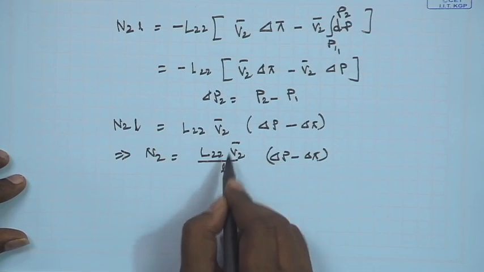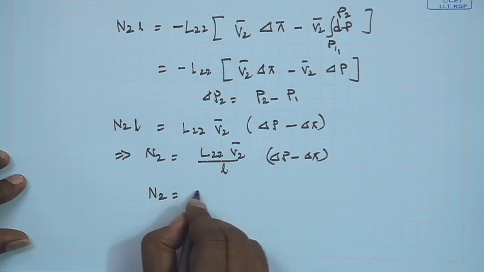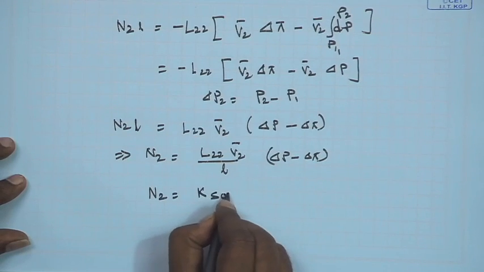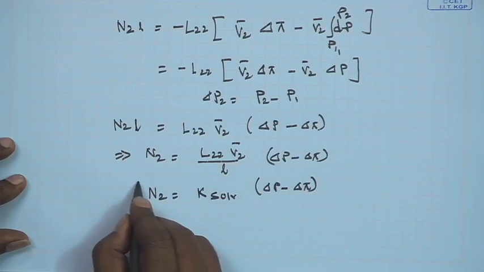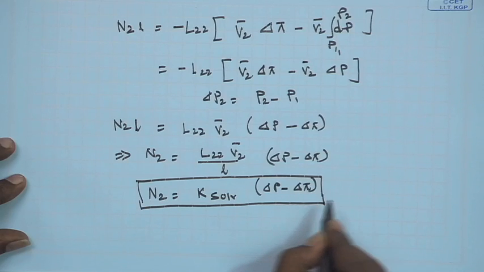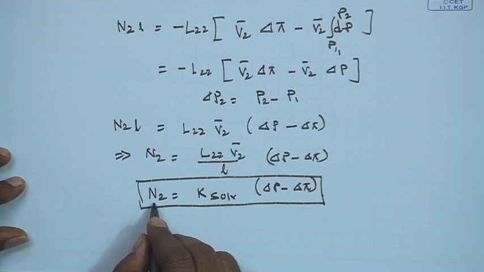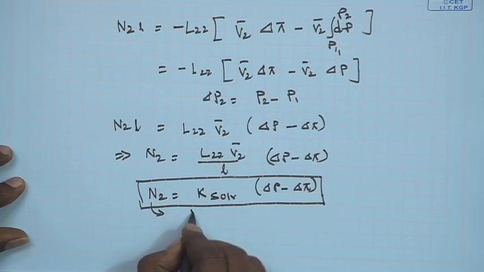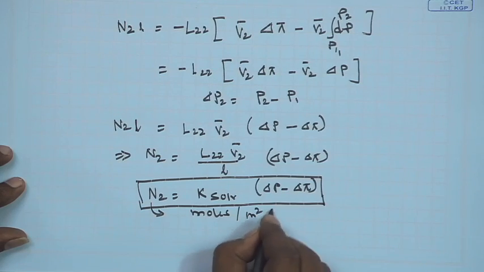So, the whole thing will become a constant, some constant K solvent multiplied by delta p minus delta pi. This is the governing law of solvent transport through the porous membrane, and the unit of N2 is moles per meter square of membrane area per unit time.